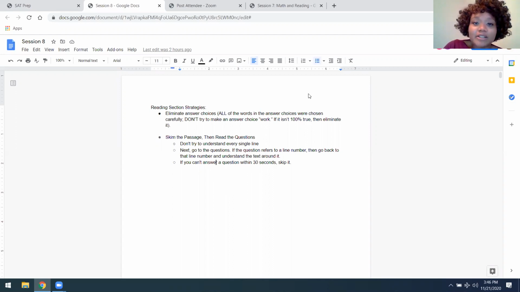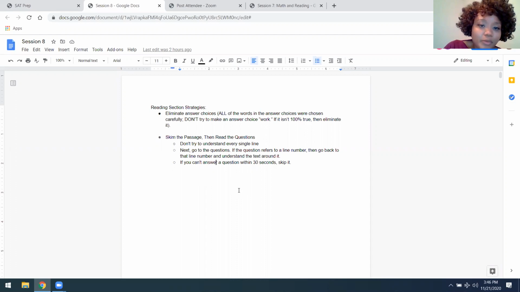When we say the text around it, we're talking about probably the text right before it and even the text after it. So let's say it's referring to line 49. I might want to read lines 47 and 48 and or lines 50 and 51 to know what line 49 is talking about.